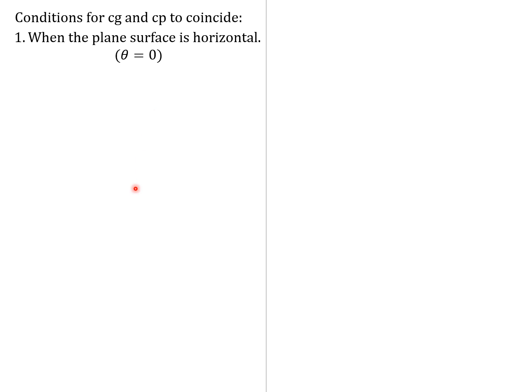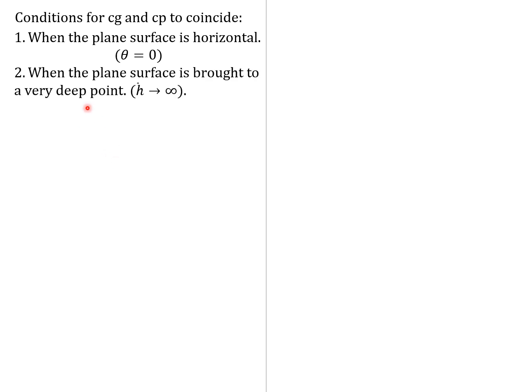That means when the area is brought to a very, very deep point, CP and CG will coincide, or barred H approaches infinity for that case. And the third case is when the area is exposed to gas pressure, so that the intensity of pressure will be uniform. So these are the conditions for which CG and CP will coincide.